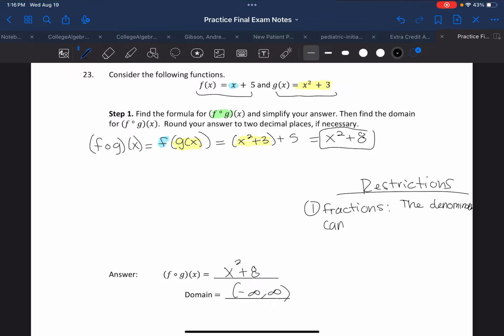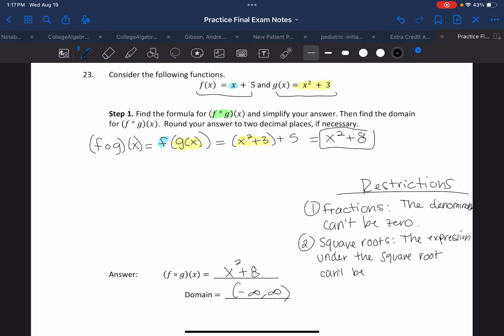Square roots is another restriction. The expression under the square root can't be negative, has to be positive.